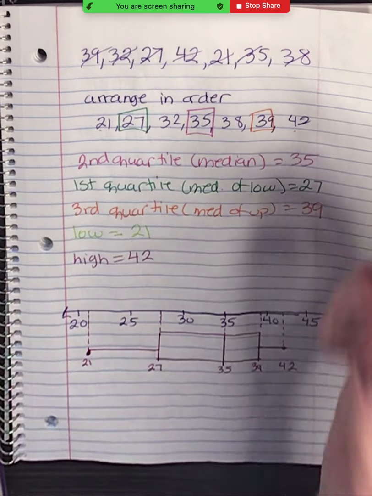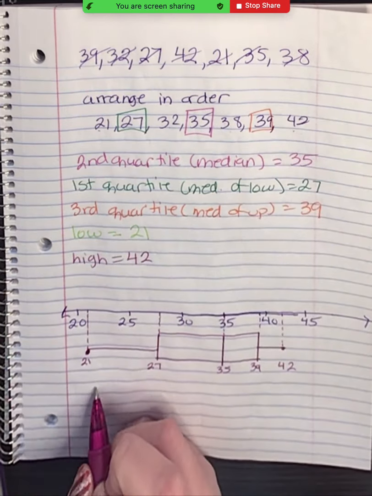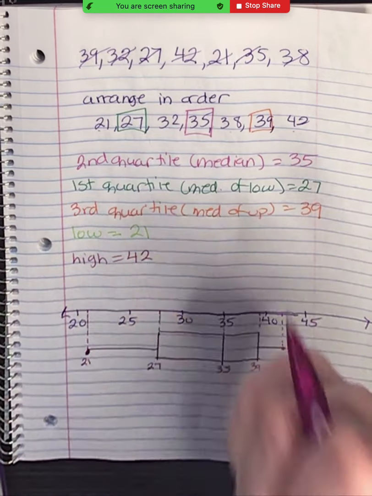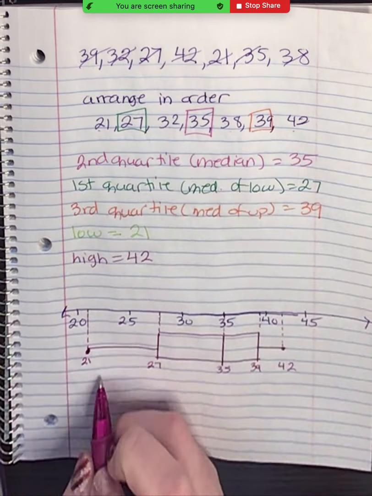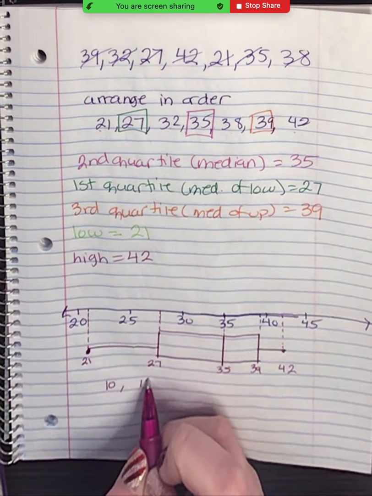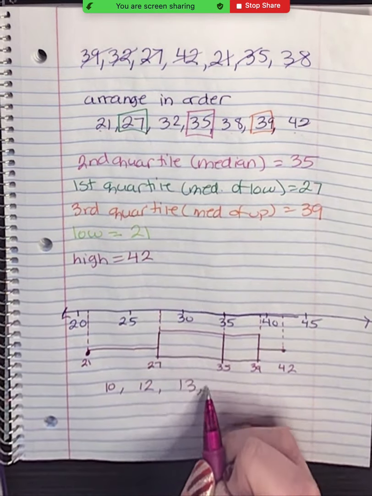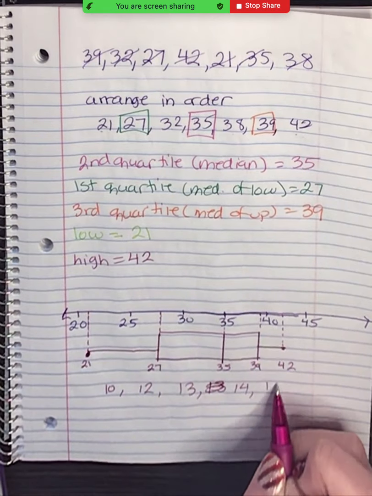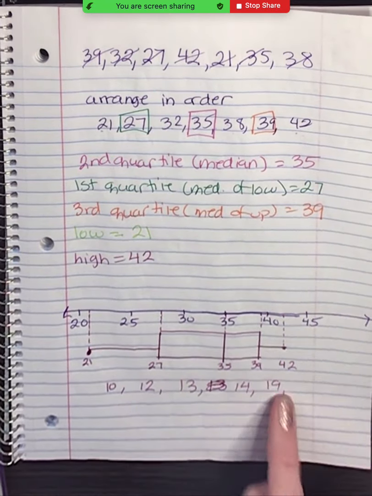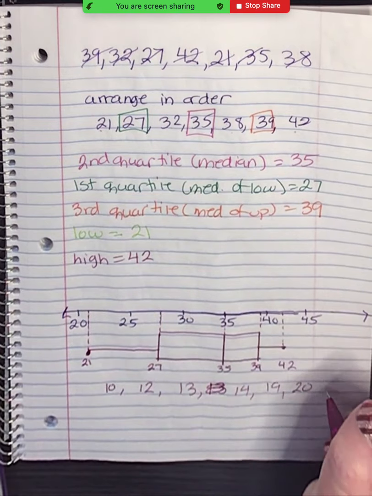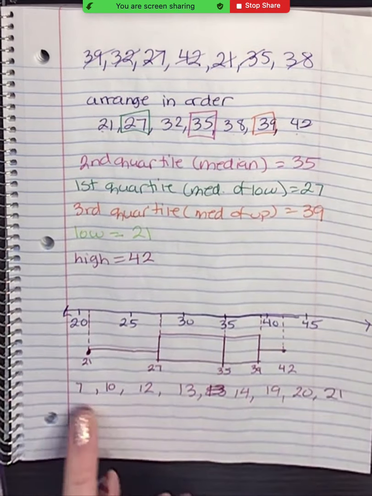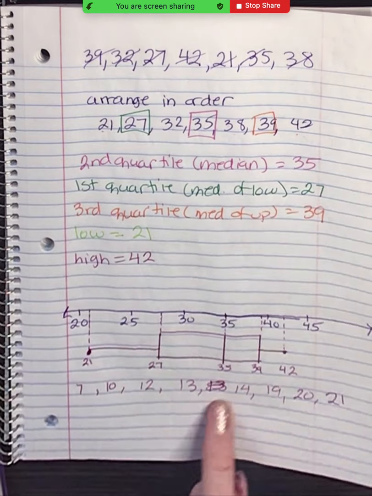If you had one more number here, so just going through a list, like that was 7 numbers we said. Yeah, so if I have a list of 8 numbers, so say 10, 12, 13, 14, 19, okay, that's 8 numbers.